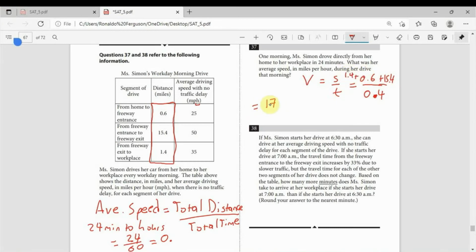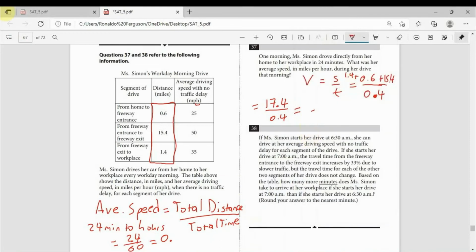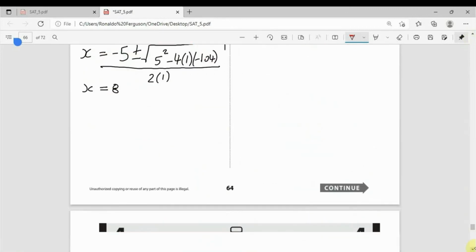So 17.4 divided by 0.4. What do you get? 43.5. That was her average speed that morning, 43.5 miles per hour. That's pretty slow. She's driving slow, man. But then it's not taking into account maybe she took a break on the way to work. Or she was in a hurry.